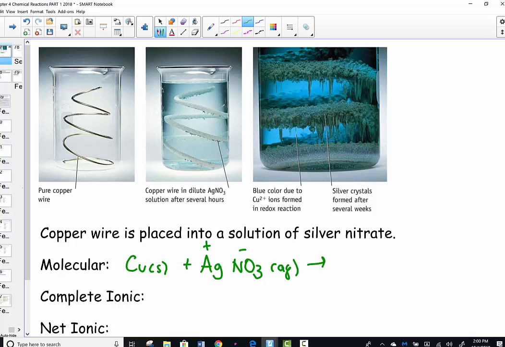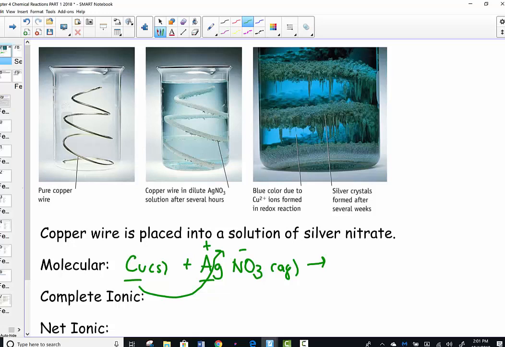Time goes by, and what do you start seeing deposit on the wire? Silver. You're absolutely right. The chemistry says those two metals exchange places, that the copper is more active. On our activity series, it shows us that copper can displace silver, who's less active in solution.